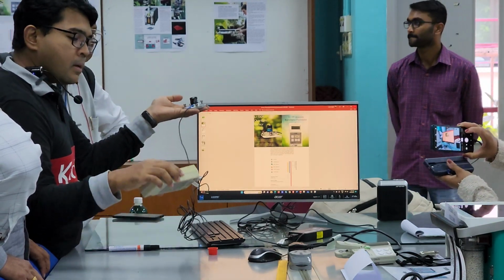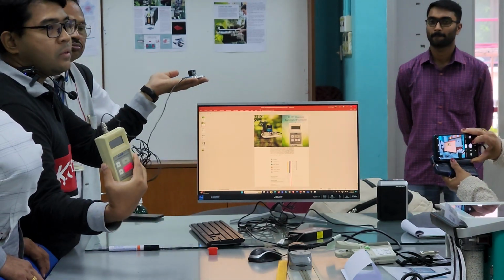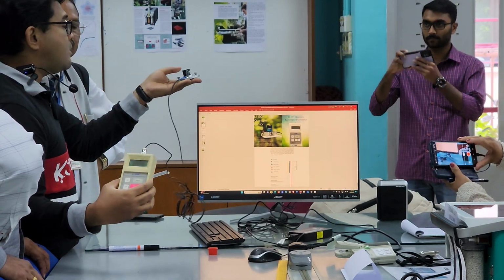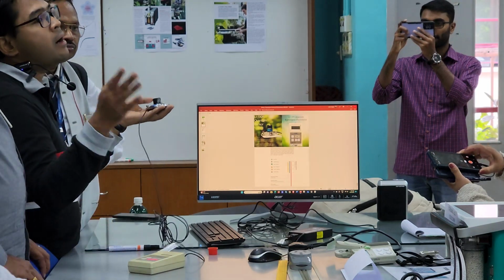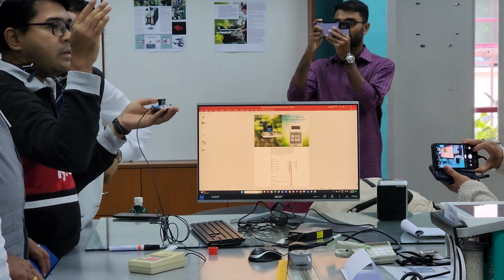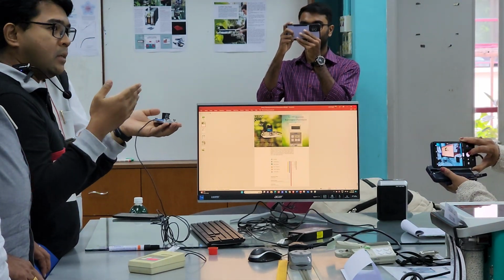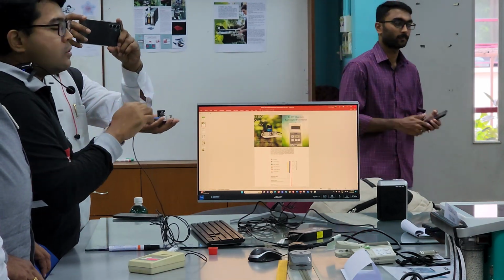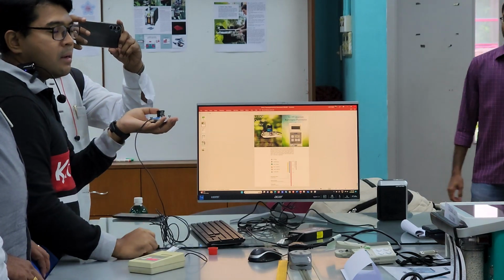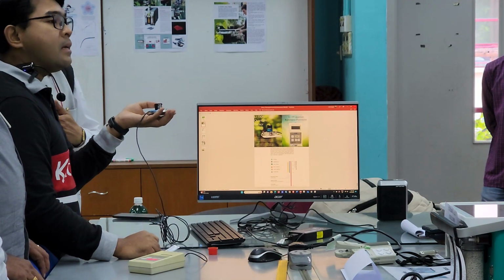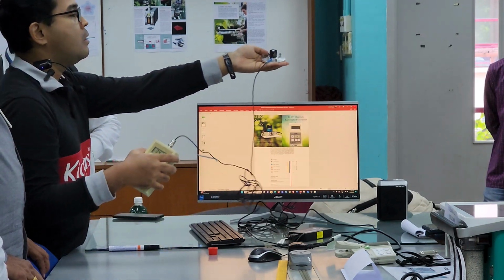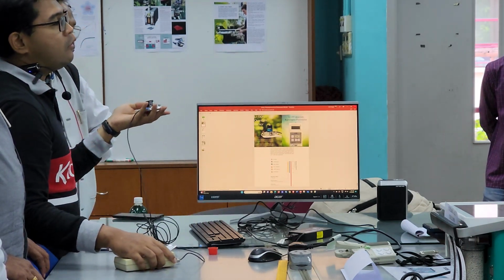For example, now, this reads 0.8 because there's not much light in here. And this sensor here only reads PAR, meaning from 400 nanometer to 700 nanometer. Anything beyond that is not being picked up by this sensor. Yes, visible light. So, for example, we have the LED over there.